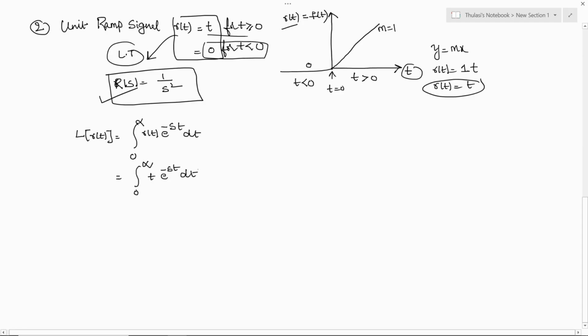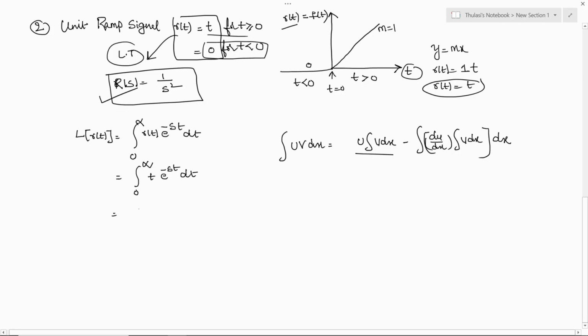Okay, so if you perform the integration, the formula for integration we have is the integral of uv dx is equal to u times the integral of v dx minus the integral of du by dx times the integral of v dx, the total integral term. So when you do it, the first term is this one.